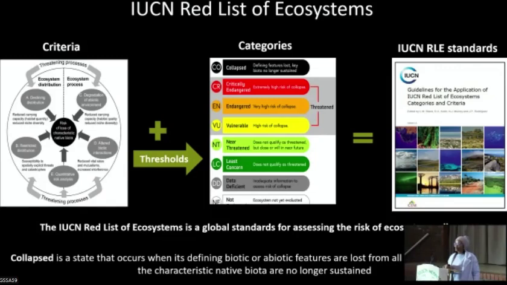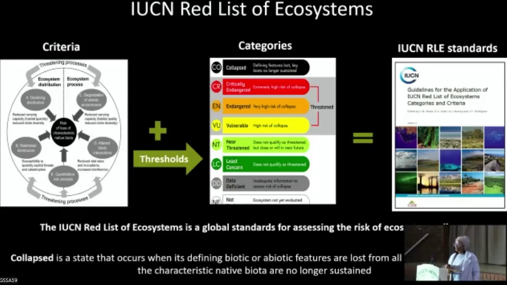So this set of criteria are used to order the risk of ecosystem collapse. Ecosystems that are listed as critically endangered are at an immediate risk of collapse as compared to those that are listed under the least concern. As mentioned, the whole aim is to assess how close the ecosystem is to collapse.